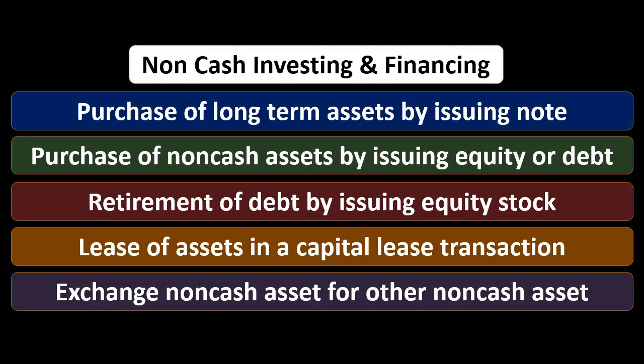Consider these examples and note some of the common features, including that they deal with investing and financing activities, and think through why we might be linking them to a statement of cash flows. We'll go more fully through this by giving an example of the purchase of long-term assets by issuing a note, an example that we can then apply to the rest of these items.